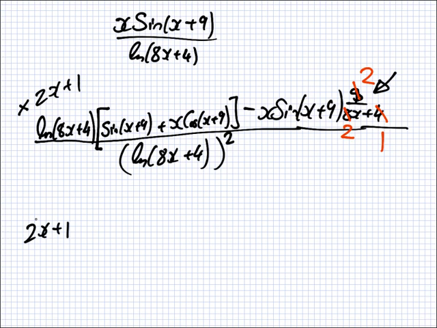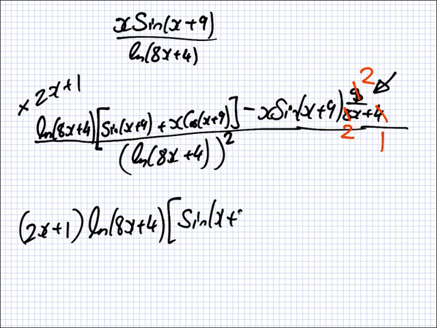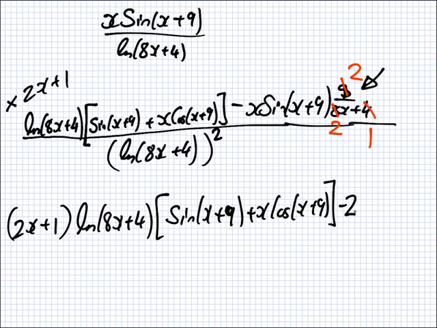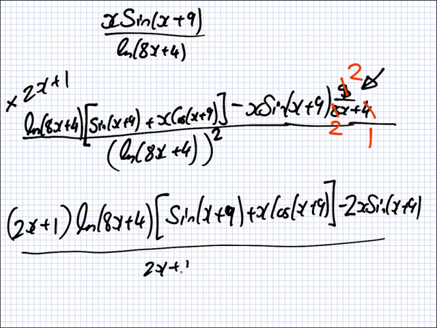So that'll be (2x + 1) times log(8x + 4) times [sine(x + 9) + x cos(x + 9)] minus 2x sine(x + 9), over (2x + 1) times log(8x + 4) squared.